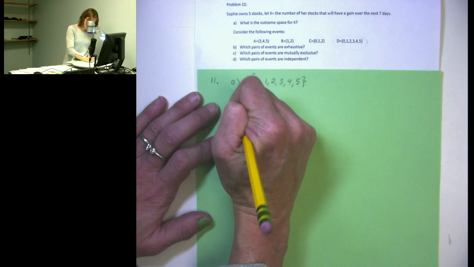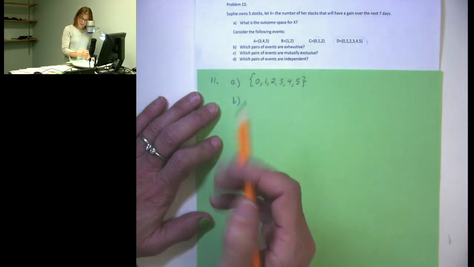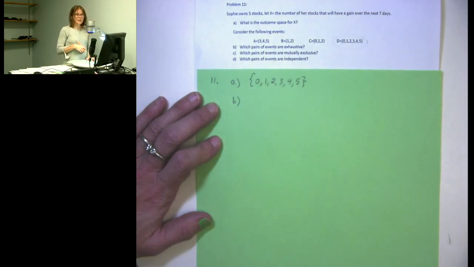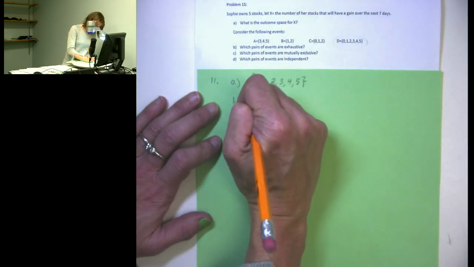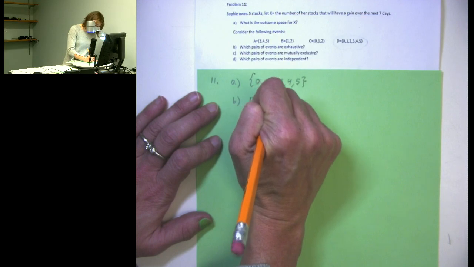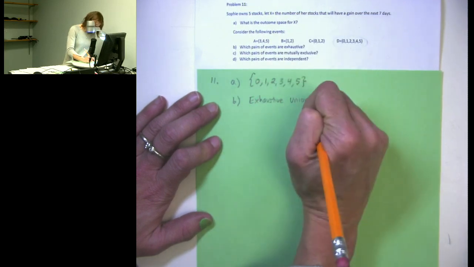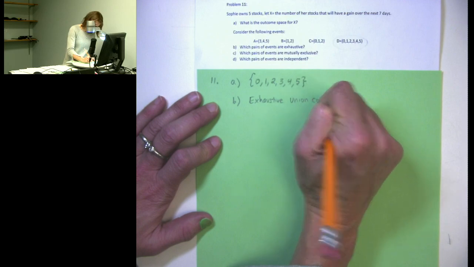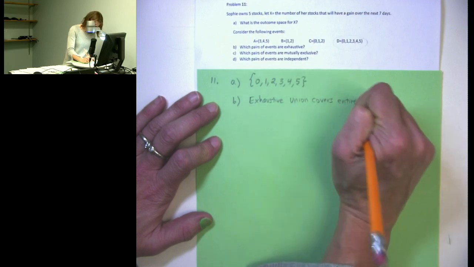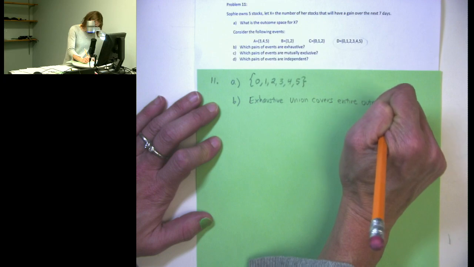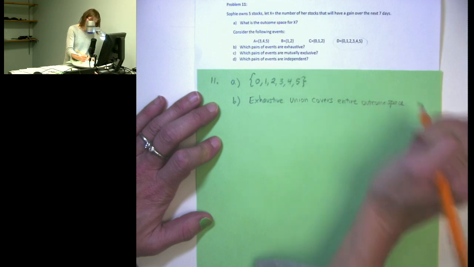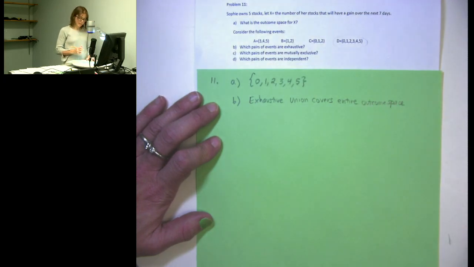So let's just review what it means for things to be exhaustive. Exhaustive means that the union includes the entire outcome space, that at least one of the events must happen.